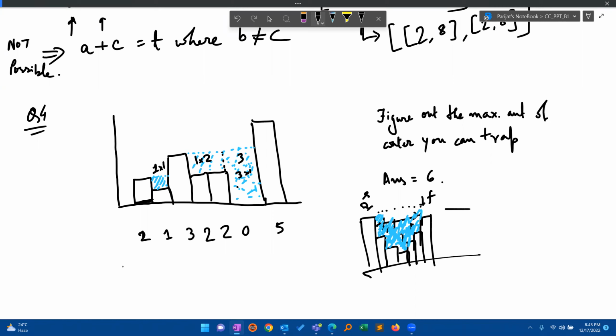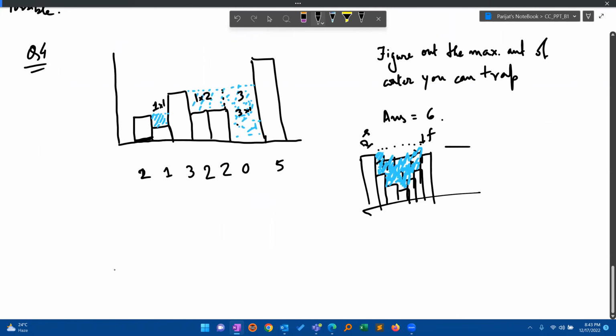Then move the second pointer and subtract the height of the elements in between. Okay, but then it will become much more complex, right? Now finding out the area has become much more complex.